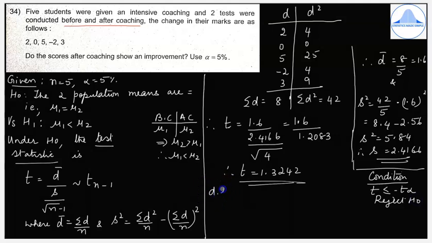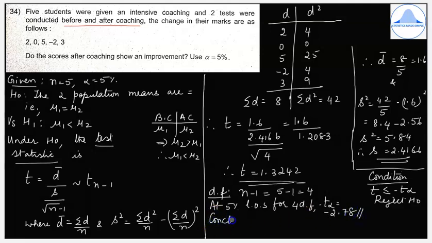So now the degrees of freedom is n minus 1, which is equal to 5 minus 1, which is equal to 4. So at 5% level of significance, for 4 degrees of freedom, we get minus t alpha is equal to minus 2.78. The last step is the conclusion.